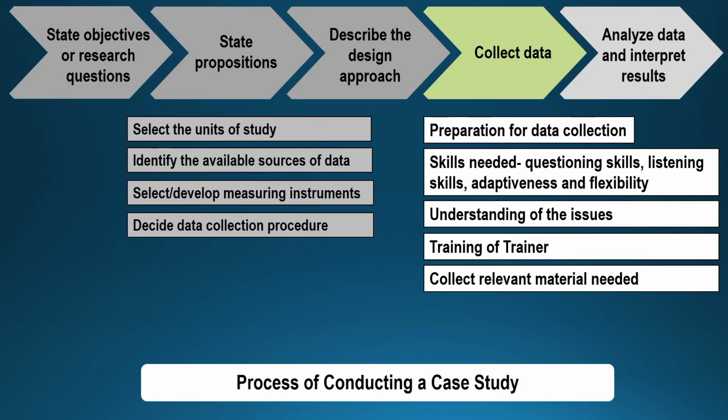Then it is very essential that whatever material would be required during the collection of data, such as the number of interview schedules and observation schedules, you need an adequate number of them if you're going to interview people or make observations of ongoing processes. It is also essential that you carry along the recording facility if you have taken permission to record the interviews of the interviewees.